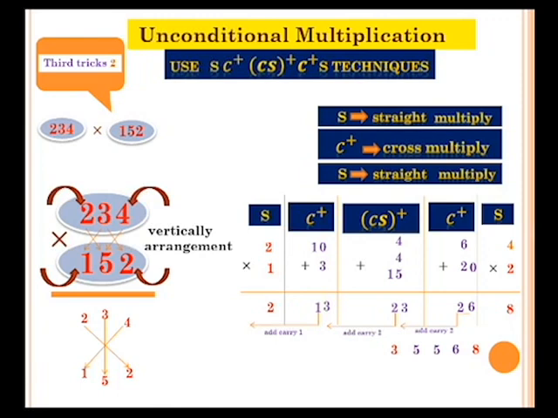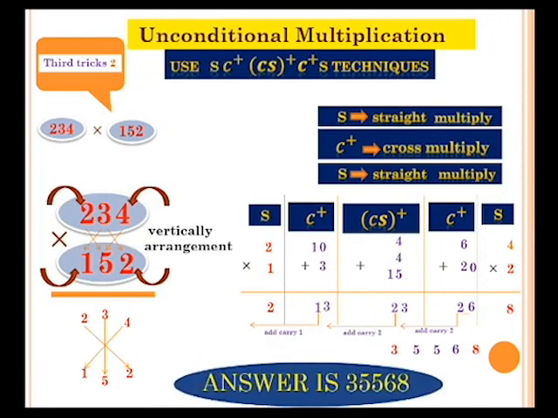Write 5 as it is, and carry from 15, add it to 2, that is 3, we get the complete answer 35,568. So in this way we can multiply 3-digit numbers and 2-digit numbers.